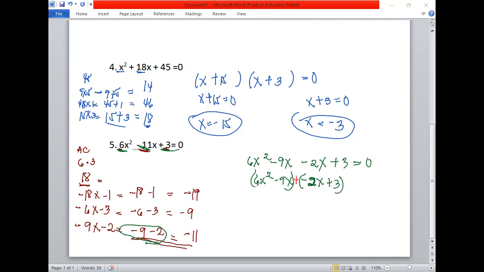Okay, the GCF of 6 and 9 is 3. Okay, and then x squared and x, the GCF is x, di ba? So 6x squared divided by 3x, 6 divided by 3, the answer is 2. X squared divided by x, the answer is x.